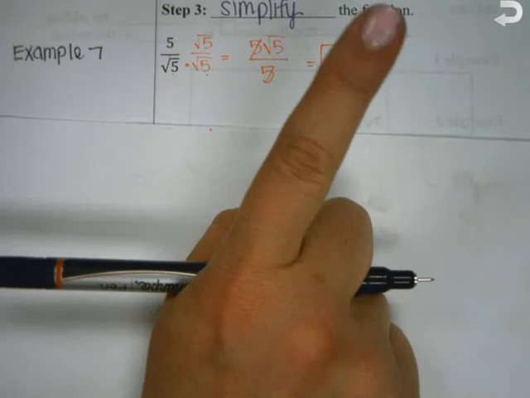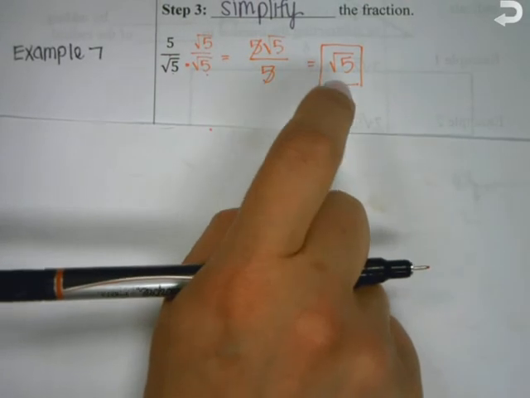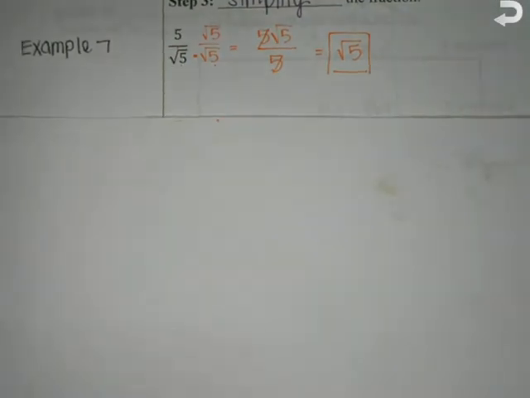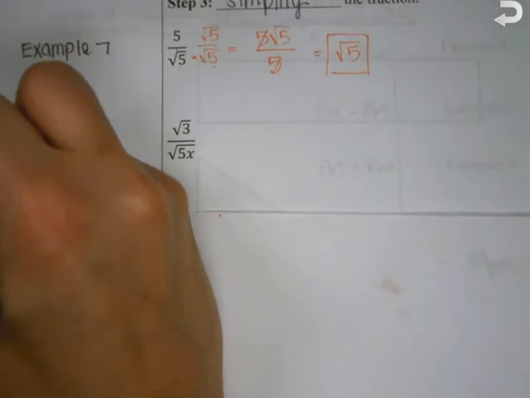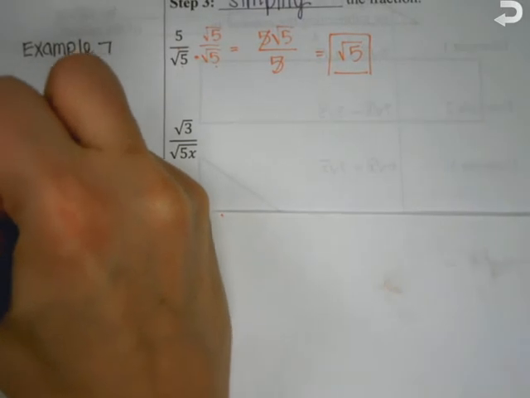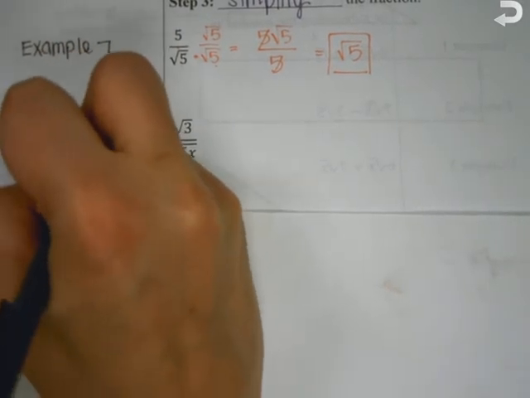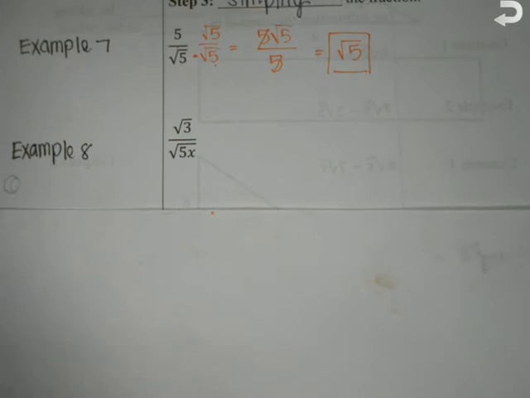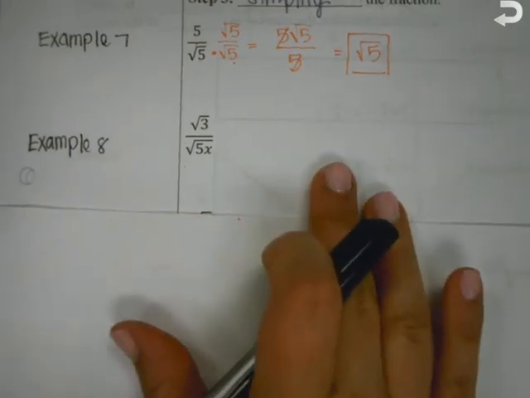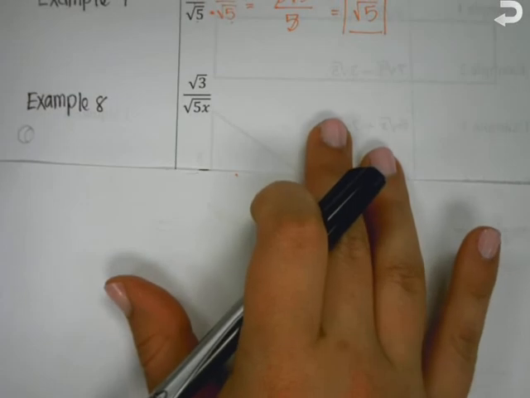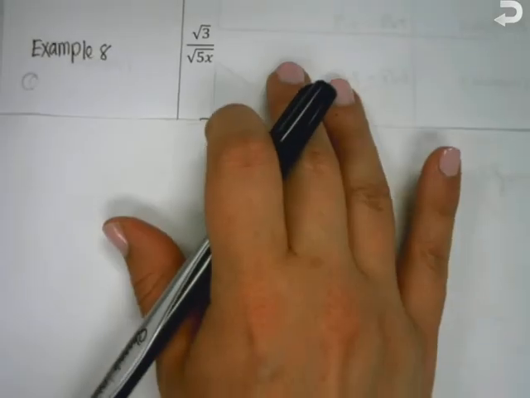Let's try another one. Example 8. We have square root of 3 over square root of 5. This is not allowed, correct? Okay, so what do I need to multiply by? Square root 5. So we're going to multiply the bottom by square root 5 and the top by square root 5.